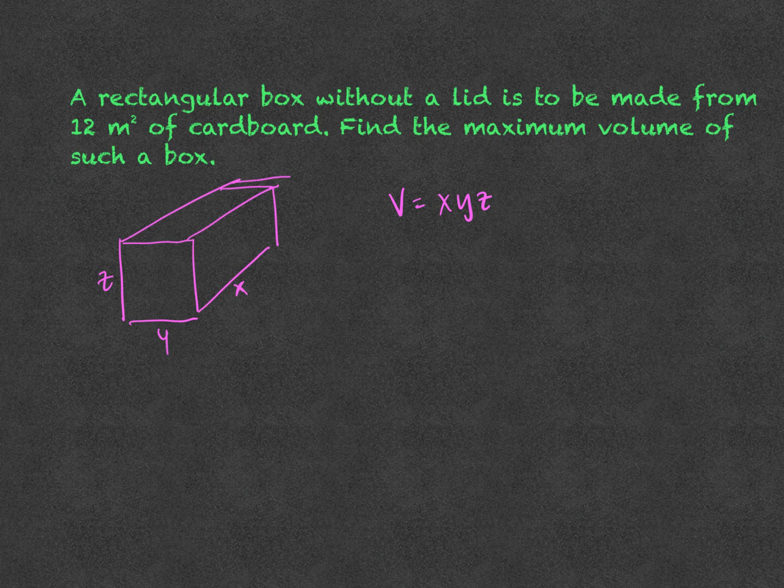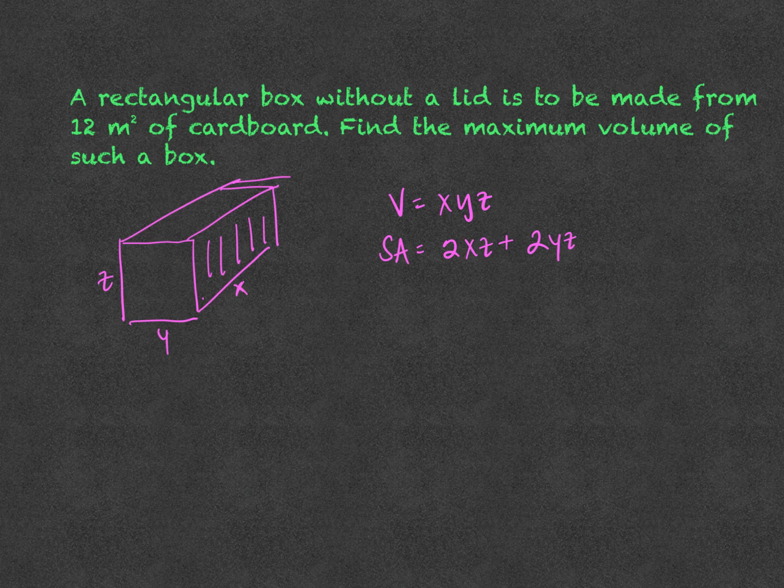So now that we've had that, you're making the box without a lid. So if you have 12 meters squared of cardboard, that is the surface area. So let's make a note here that the surface area is all of the faces. So the first face is this face here, which is xz. So 2xz plus 2yz, that's the front face.